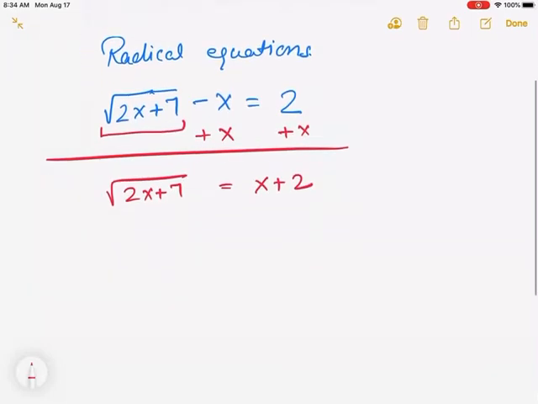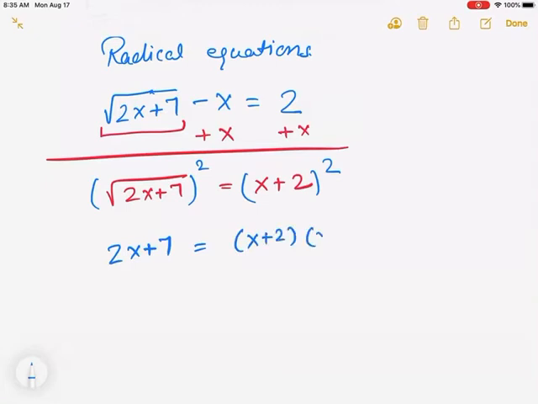Next, let's try getting rid of this radical. So I would do its inverse operation on both sides. This 2x plus 7 would stay the same on the other side. Since it's x plus 2 squared, you could write it out twice like this and distribute. But I'm going to follow a shortcut, which is (a plus b) squared.